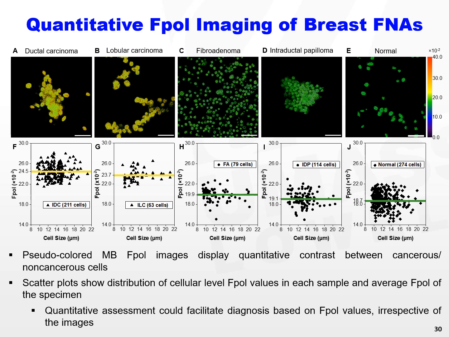In the second row, we can see scatter plots that display the distribution of cellular level fluorescence polarization values for all of the cells in each sample, as well as the mean fluorescence polarization value of the specimen, as given by the horizontal yellow or green line. The scatter plots are important because they demonstrate that quantitative assessments can facilitate diagnosis based on fluorescence polarization values, irrespective of the images.